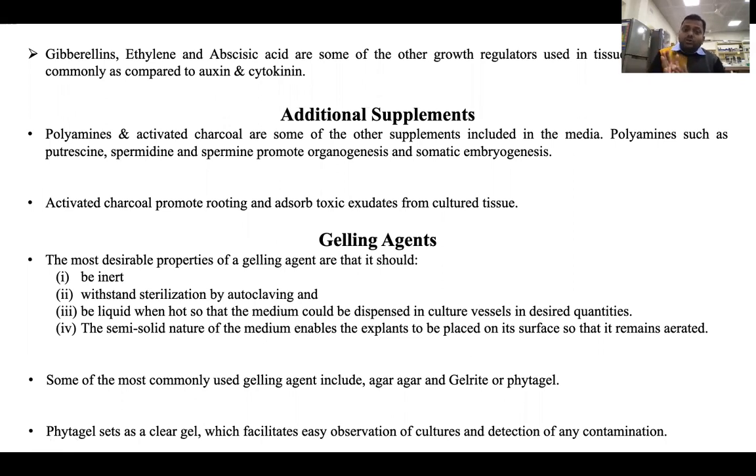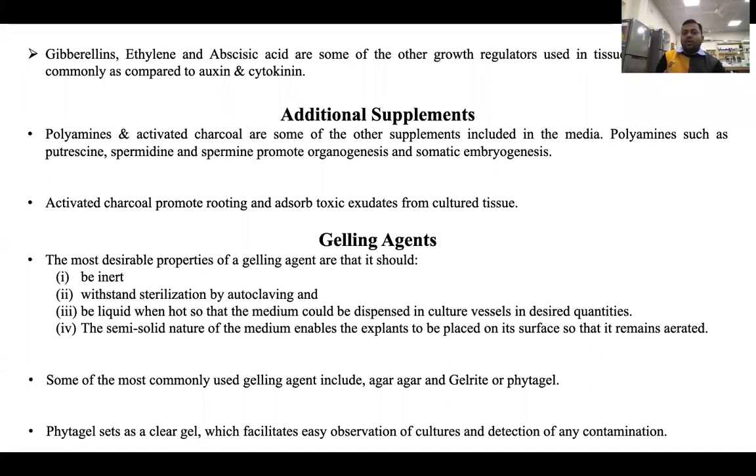So when we don't do subculturing and leave it for a very long time, you will start seeing a browning of the media. Your media, which is generally transparent or whitish in nature, starts turning brown. That is basically because these toxic exudates are being released by the plants and the callus growing on that media into the media. That's why it starts turning brown actually.